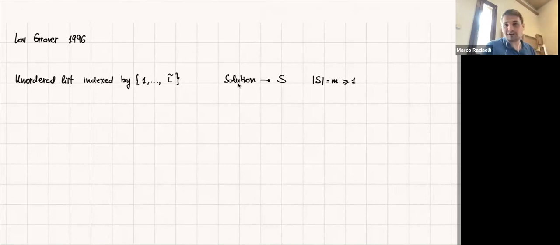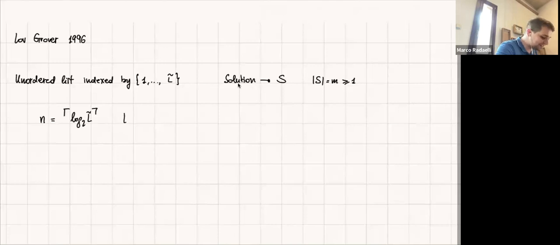Now, as we often do in quantum computation, it's easier to work with things which are a power of 2. So we will just define an n, which is the ceiling of the log base 2 of L tilde.